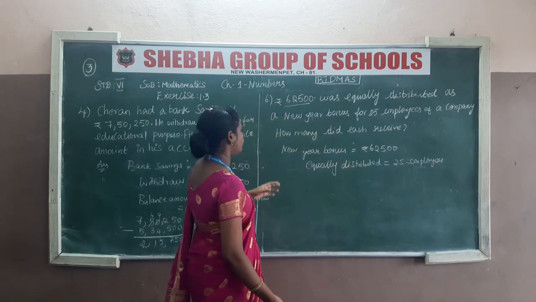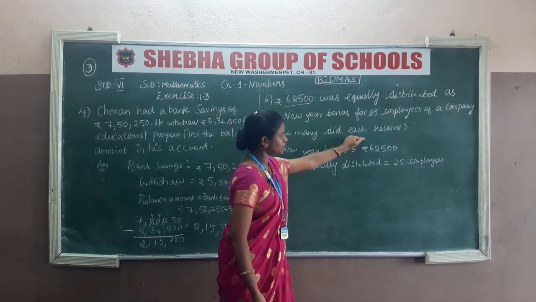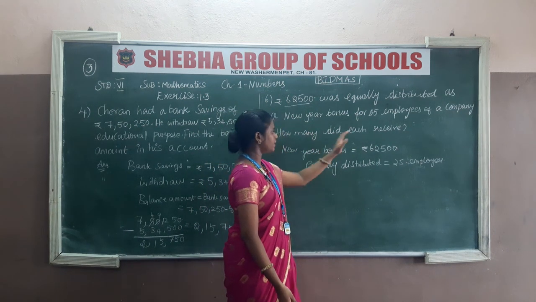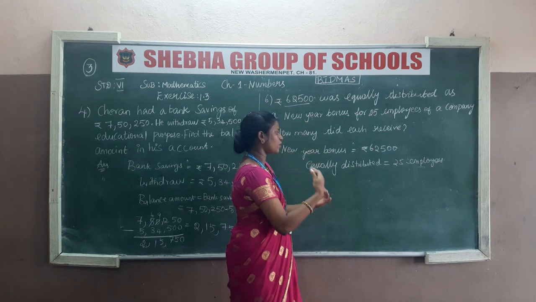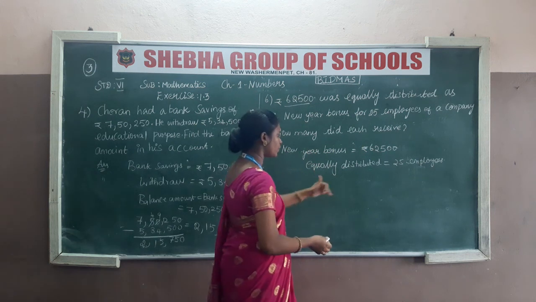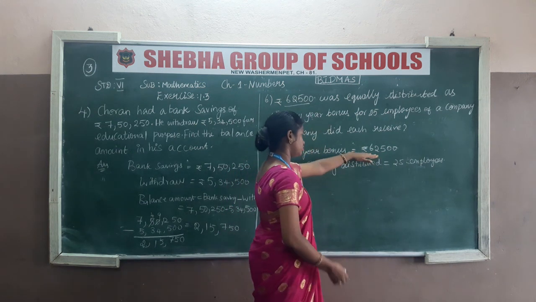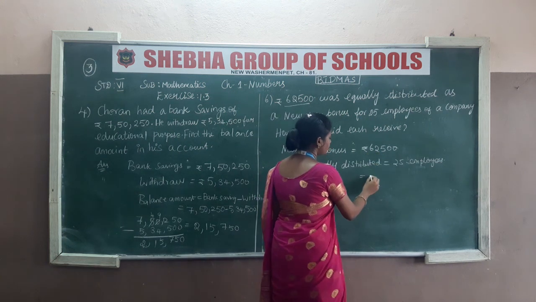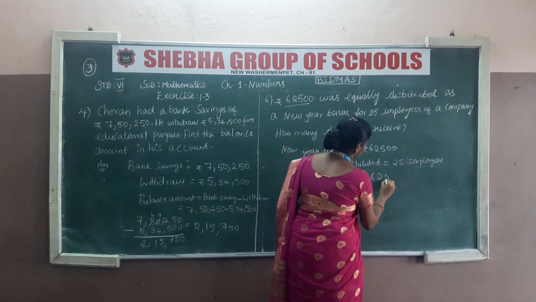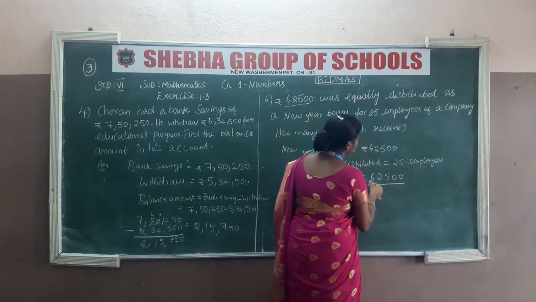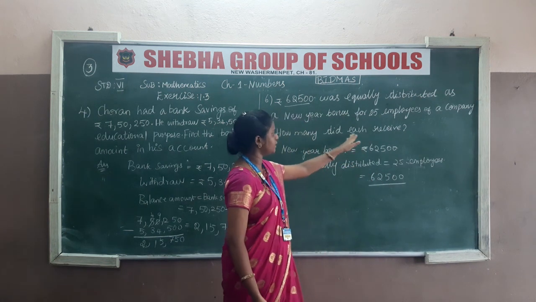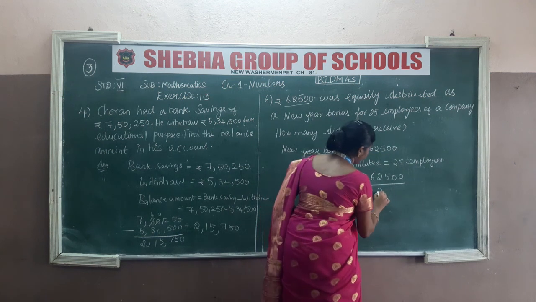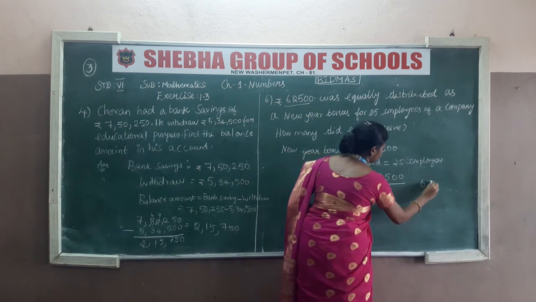So we have to find how many did each receive. How many did each receive? So how much money would each person get? So for a total of 25, the value is 62,500. So we have to divide the values. Then we have to find how many did each receive, divided by 25. You have to divide the numbers.